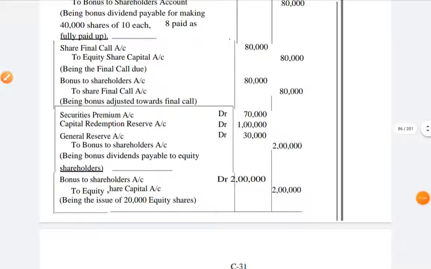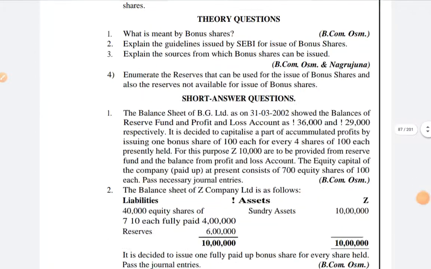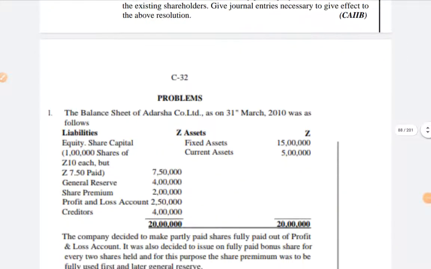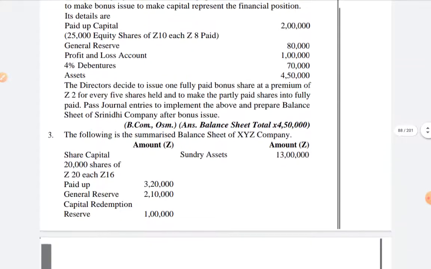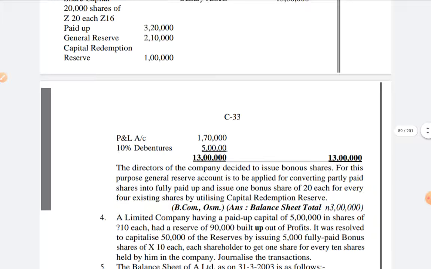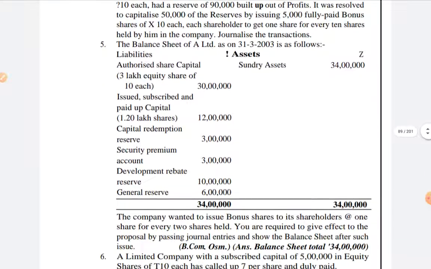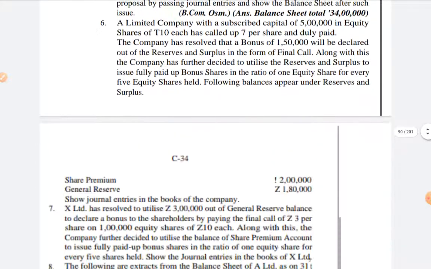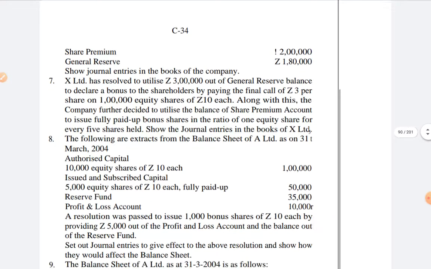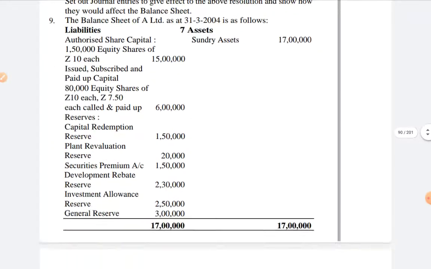So hope you have understood the problem. Let us see one more, so that which reserves are to be used, which reserves should not be used, all those things can be considered.